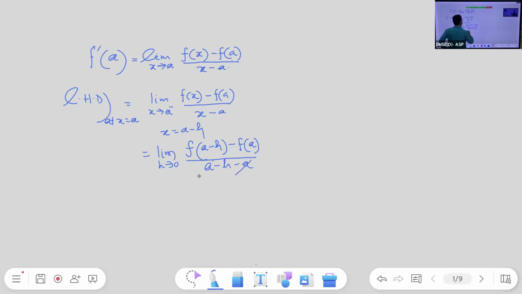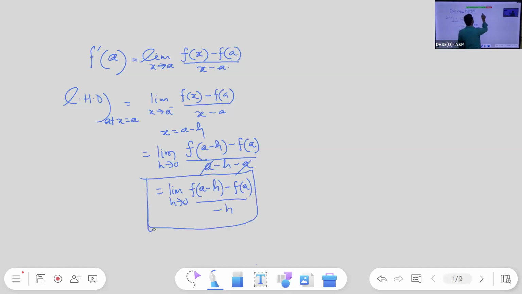So plus a minus a cancels. So the left hand derivative of the function at x is equal to a equals the limit as h extends towards 0 of f of a minus h minus f of a upon minus h. This is the left hand derivative. Note it down.